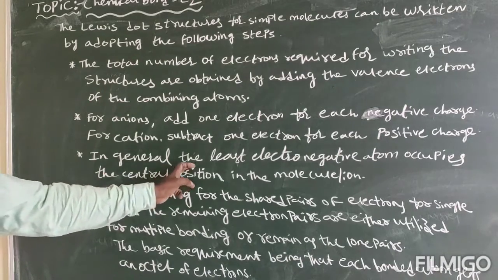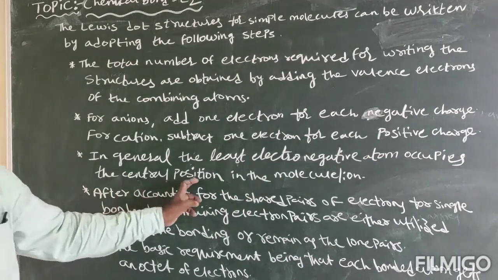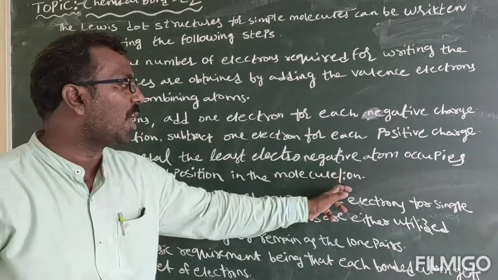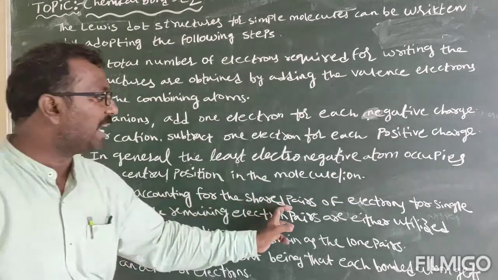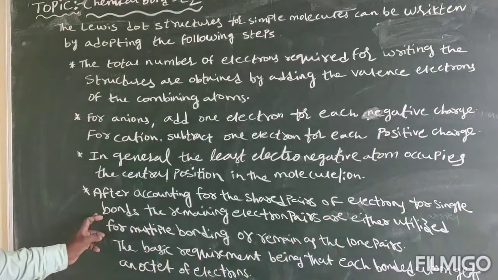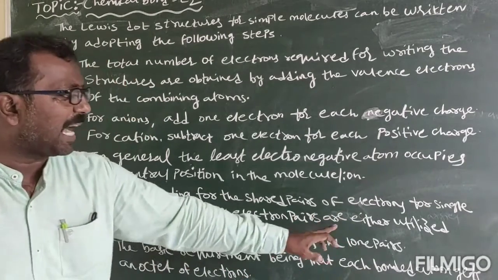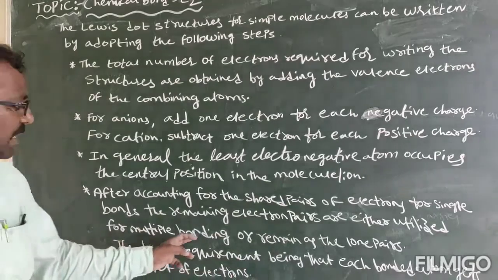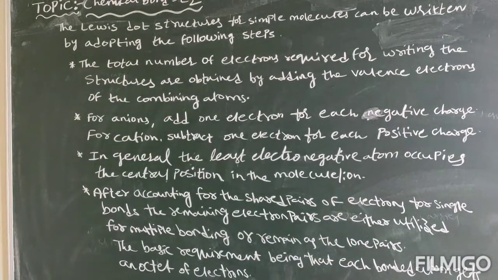And in general, the least electronegative atom occupies the central position in the molecule or ion. After accounting for the shared pairs of electrons for single bonds, the remaining electron pairs are either utilized for multiple bonding or remain as lone pairs.